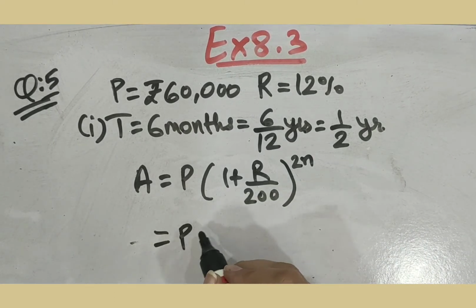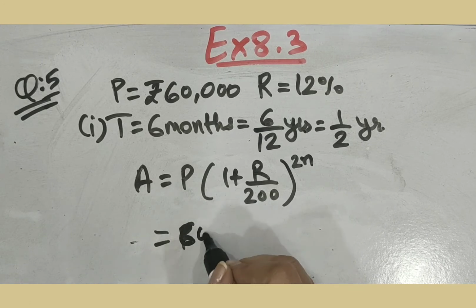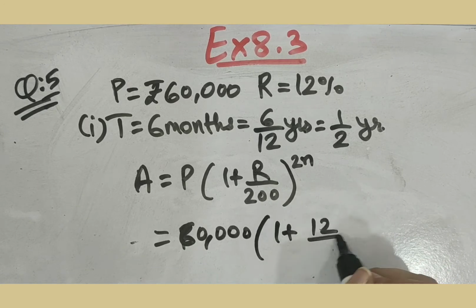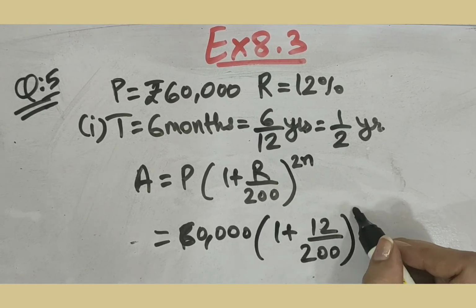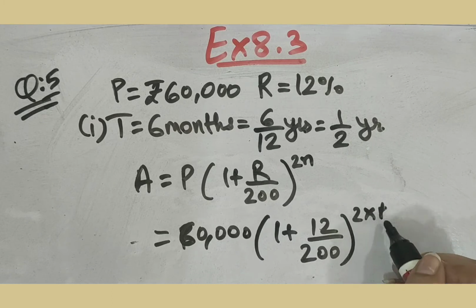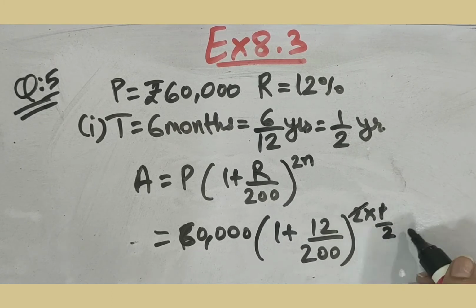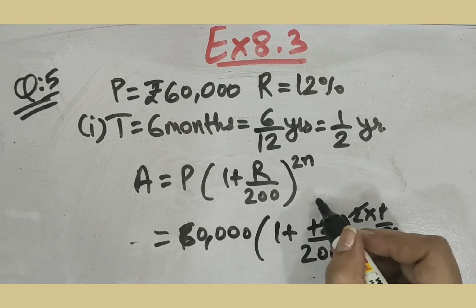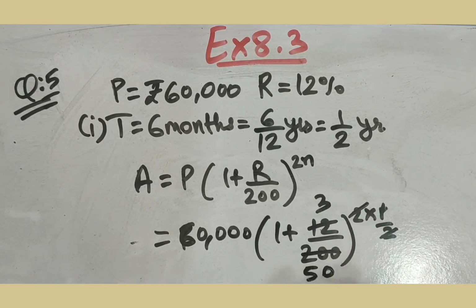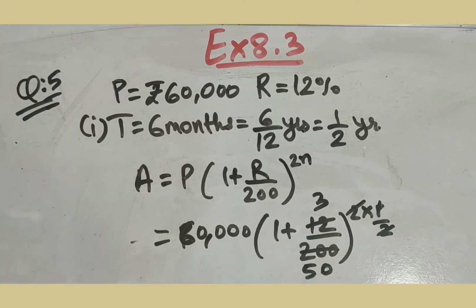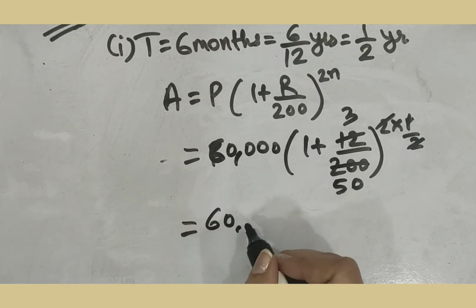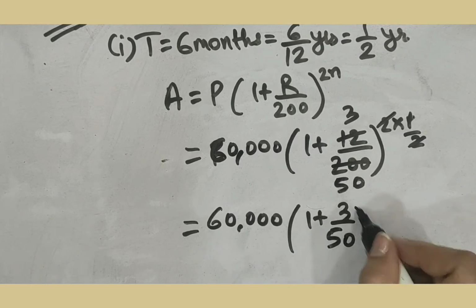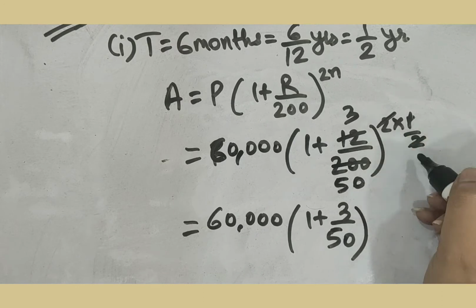So it will be equal to, my P is 60,000 into 1 plus rate is 12 upon 200 whole raised to 2 multiply by 1 upon 2. So my 2 will get cancelled, and here both are divisible by 4, 4 3s are, and here I will get 50. So that will be equal to 60,000 into 1 plus 3 upon 50 whole raised to, 2 cancel, so it will be 1.